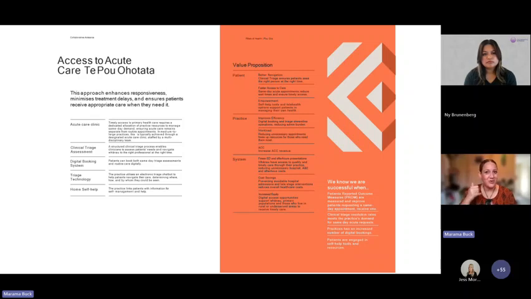It's still a ring up phone call situation. So what we know from our research and our mahi with practices is that digital booking systems have a huge impact on the day-to-day mahi of people giving care.